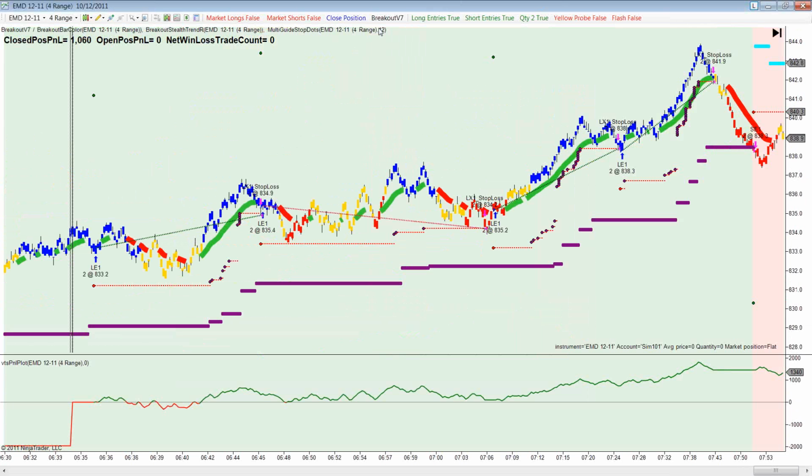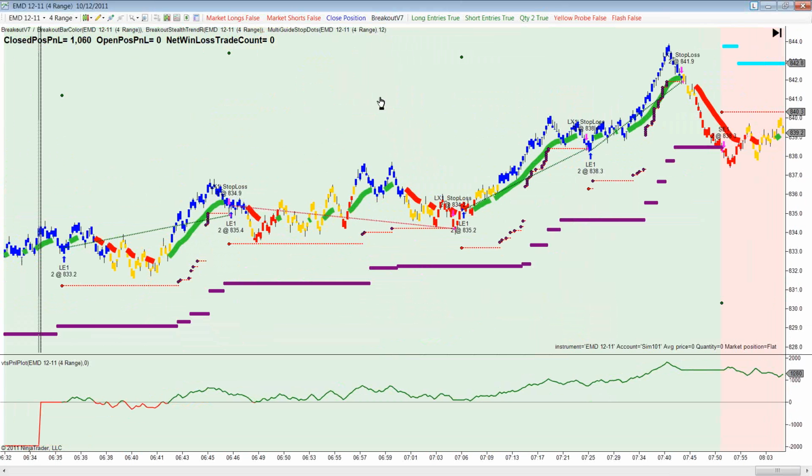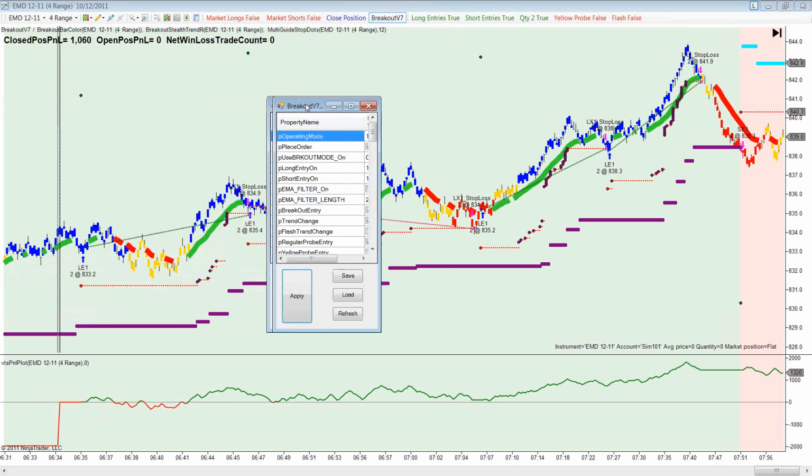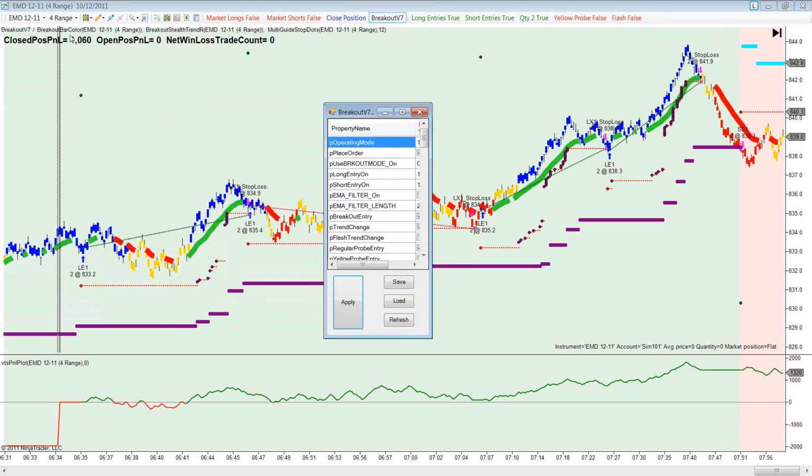This is trading breakout. This is trading using the trend filter on breakout. You know, you've got that ability to do that. Let me show that in here. And you're going to show that you had a lot more money in this at one time. It's up 1060 right now, but you know, you were up close to $2,000 at this point in time. There wasn't any need to continue to take trades after this.